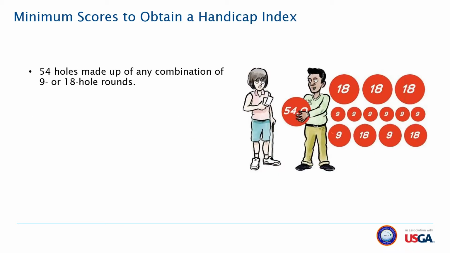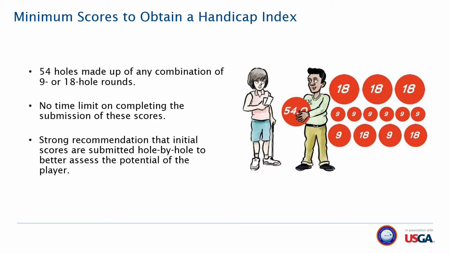Okay, so the minimum scores to obtain a handicap index: 54 holes made up of any combination of 9 or 18 holes. There's no time limit on completing the submission of these scores, and there's a strong recommendation that the initial scores are submitted hole by hole to better assess the playing potential of the player.